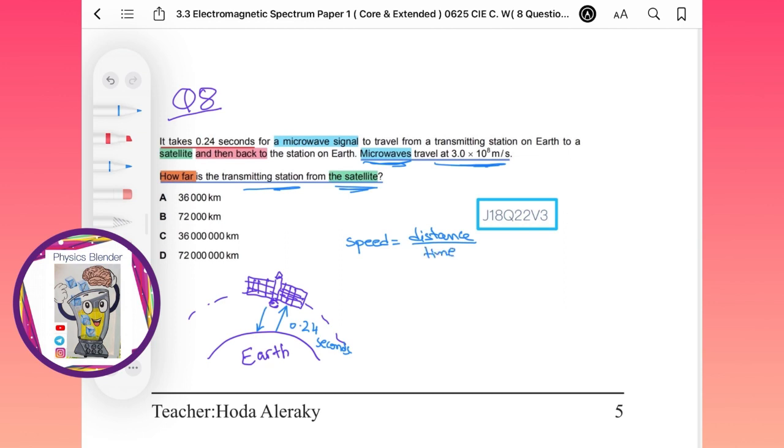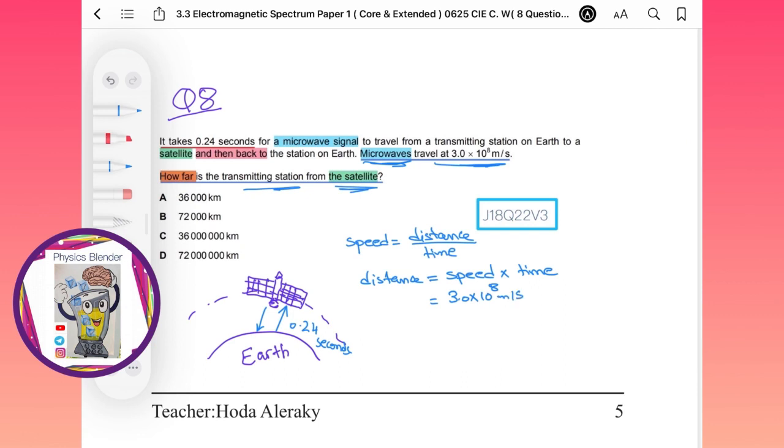The speed is given already. You can rearrange the equation first. So the distance is equal to speed times time. The speed here is 3 times 10 to the power of 8 meter per second.